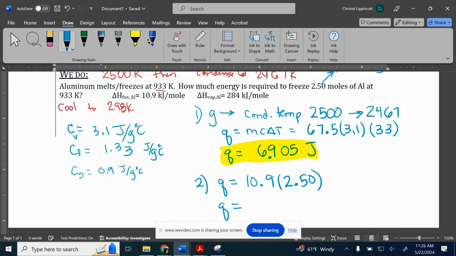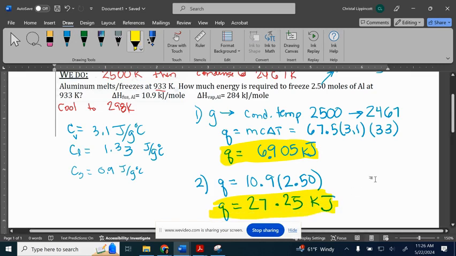We want it in kilojoules, so I'm just going to do it there. I just moved the decimal over. All right, so I'm going to multiply this 10.9 times 2.5, and that's going to give me 27.25 kilojoules. So that's my second amount. That's to get me to the liquid state.